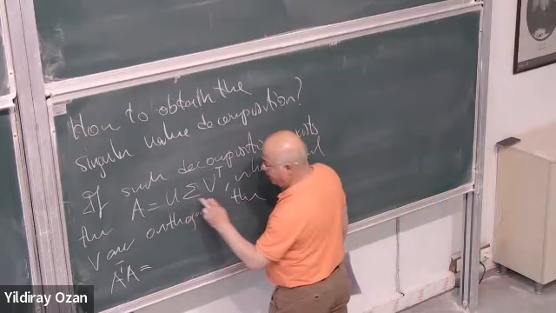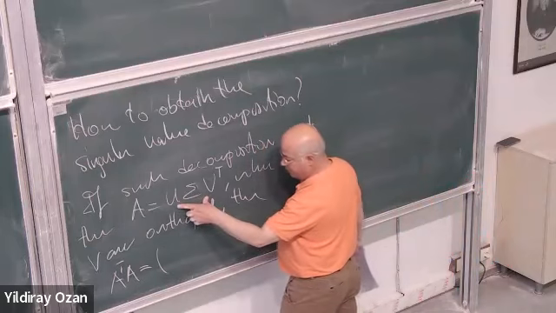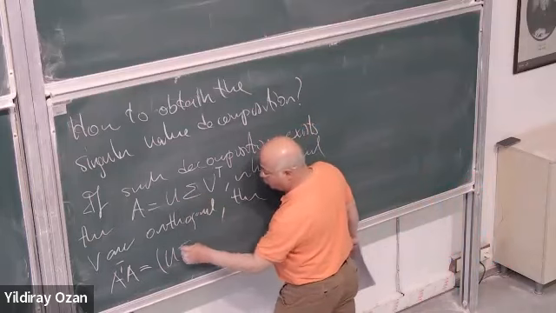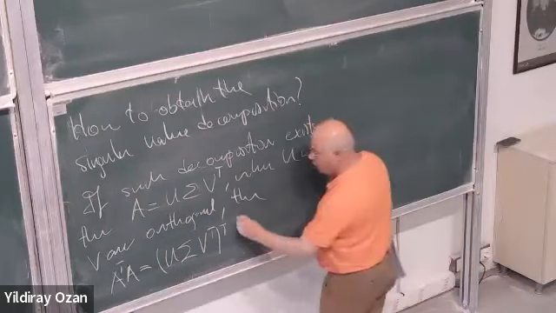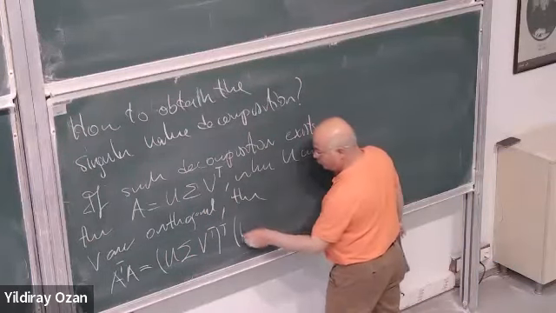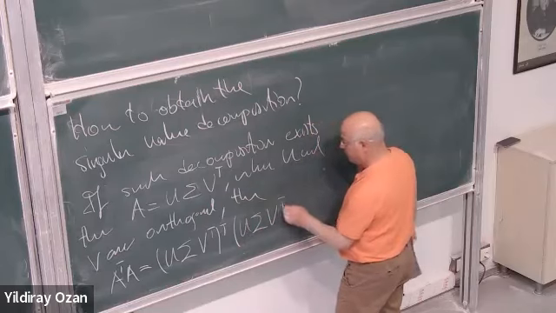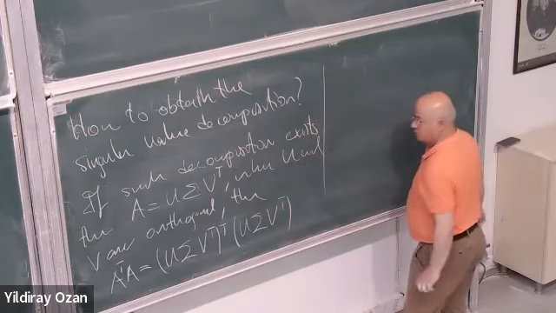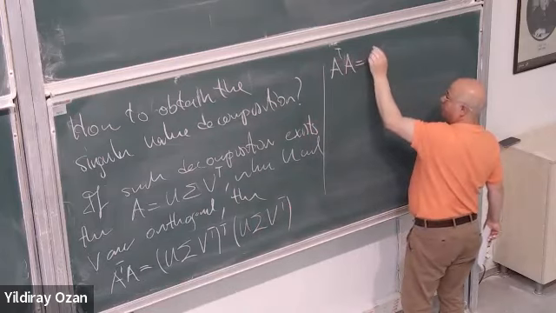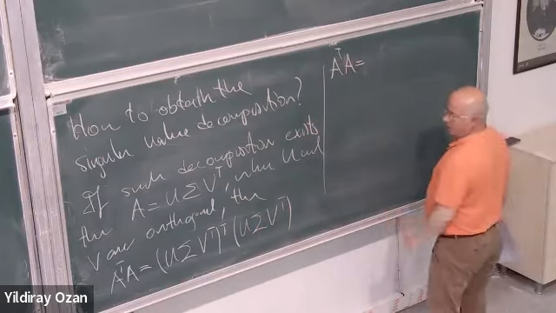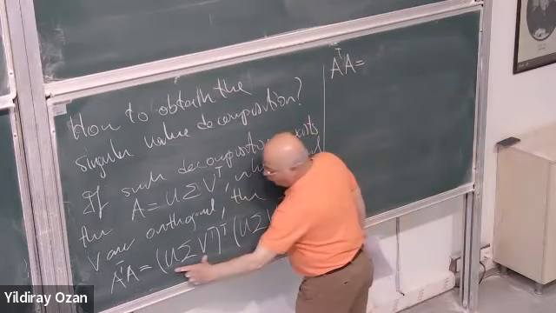So what is this? A transpose is the transpose of this, so U sigma V transpose, and then I have A as U sigma V transpose. A transpose A is just the transpose of this product.